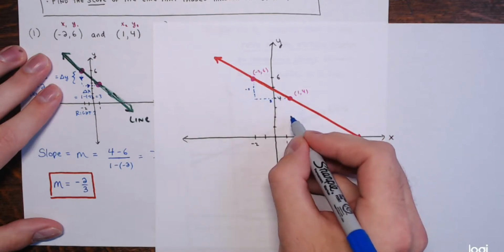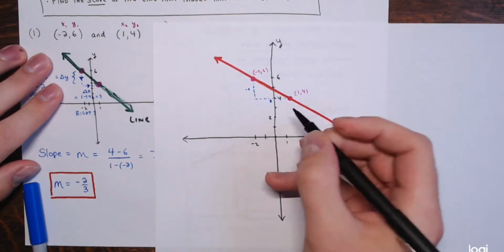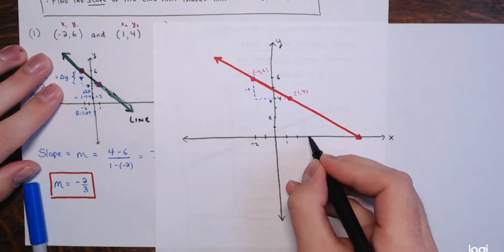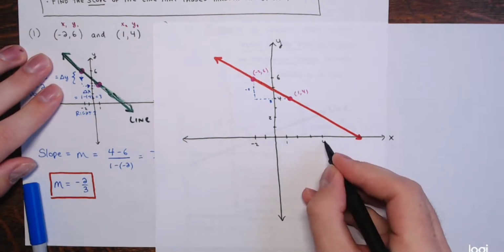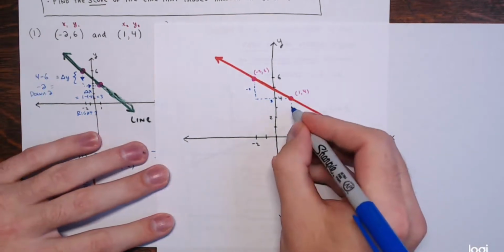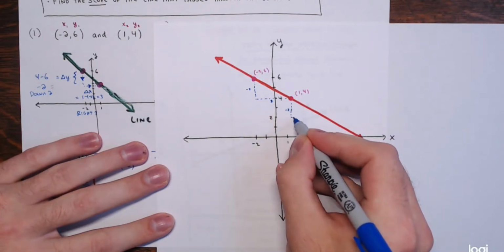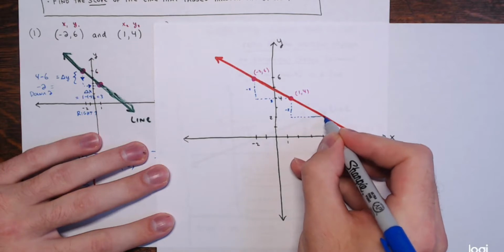And then you could do it again to get to another point on the line. If I go from 1, 4, down 2 units, negative 2 change, and then right 3, we should be on the line again.